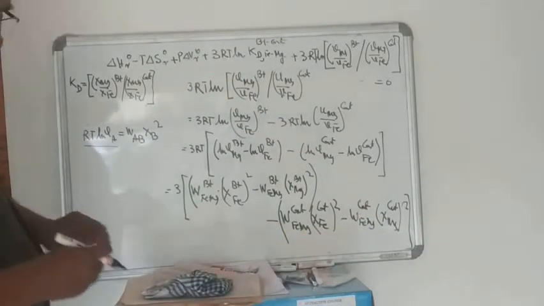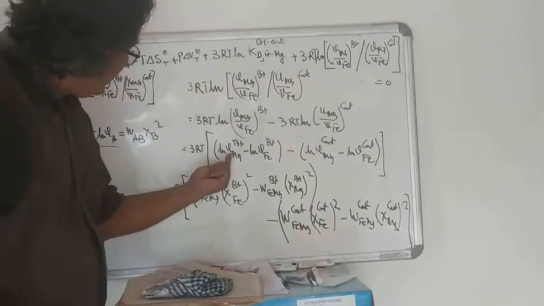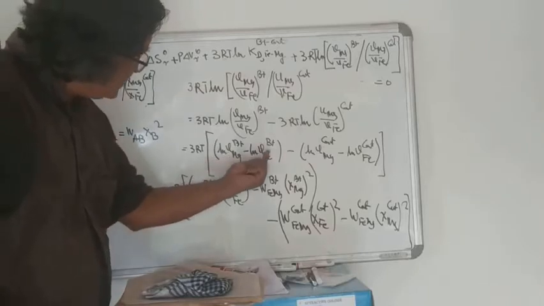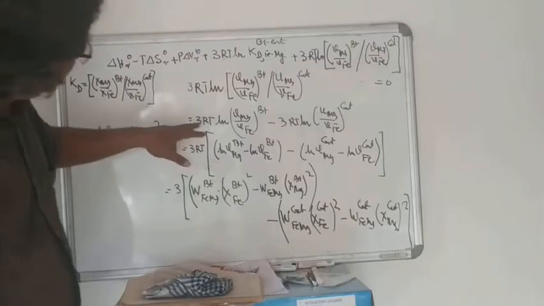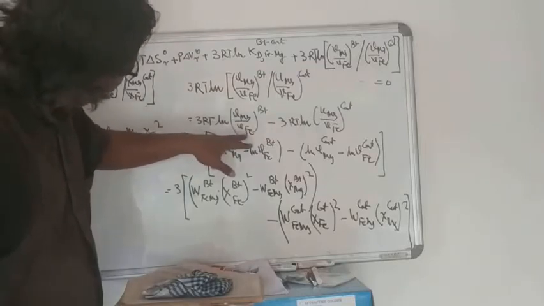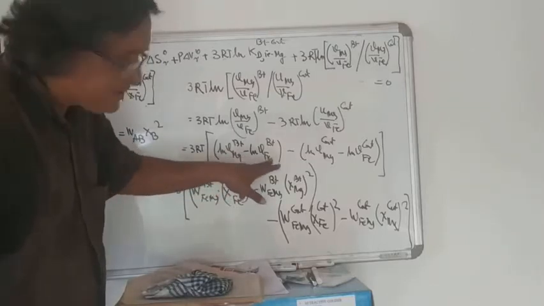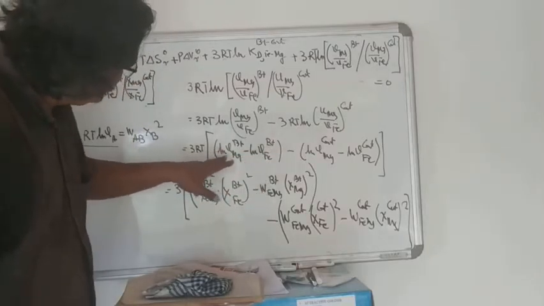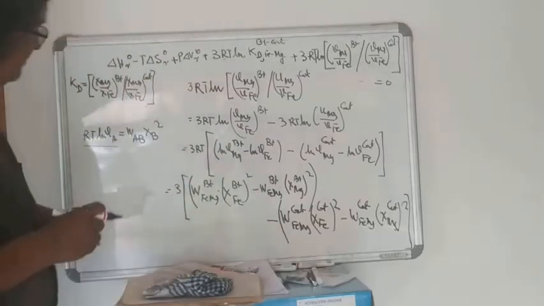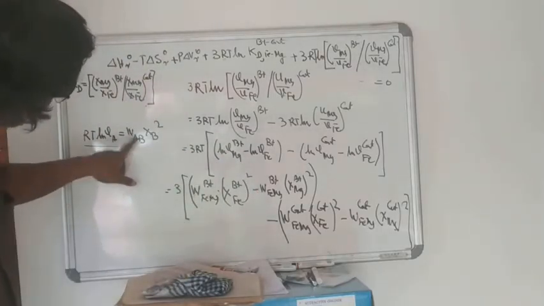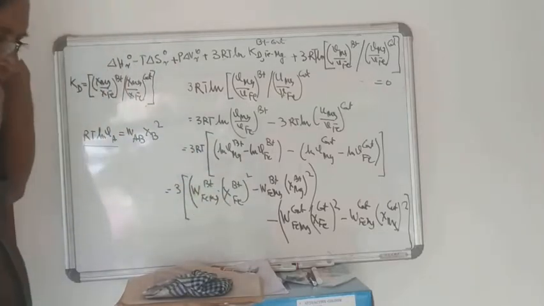Tell me, have you understood it? Look at it again. RT ln gamma Mg minus RT ln gamma Fe biotite. Now let's look at one. RT ln gamma Mg by Fe biotite would be 3 RT ln gamma Mg biotite minus ln gamma Fe biotite. Now what is RT ln gamma Mg biotite here? According to this, W_FeMg X_Fe biotite squared.